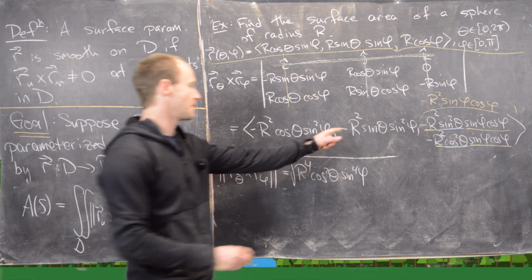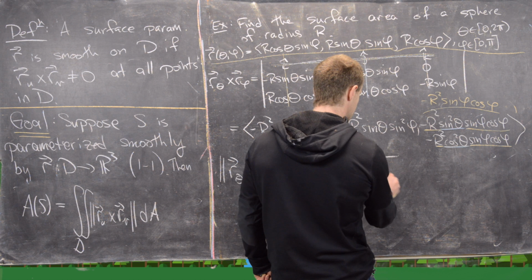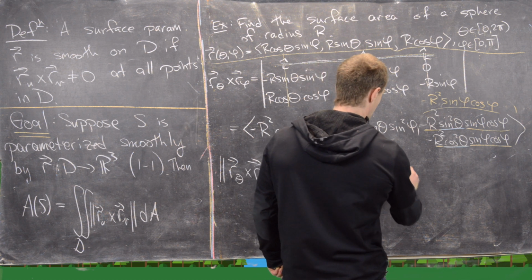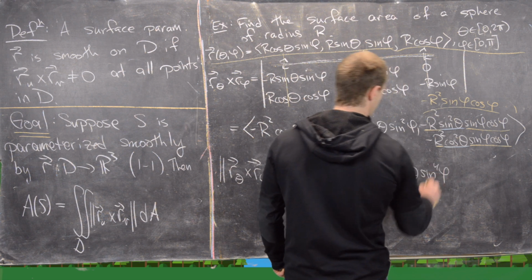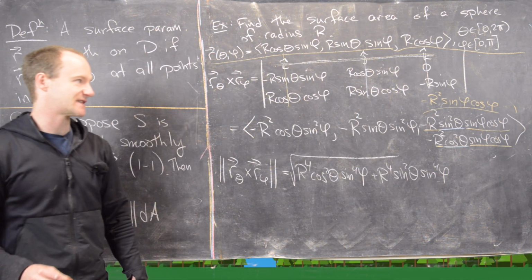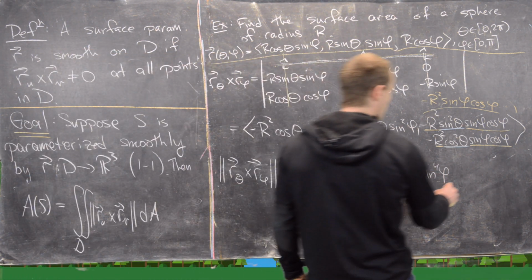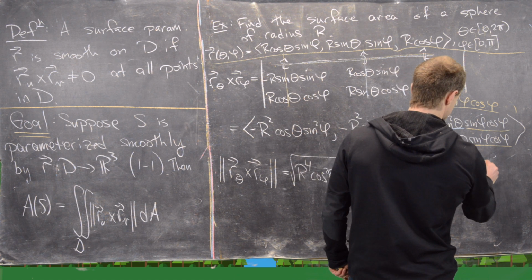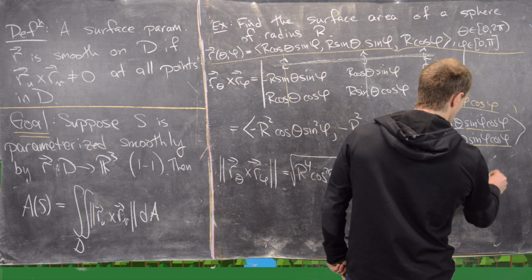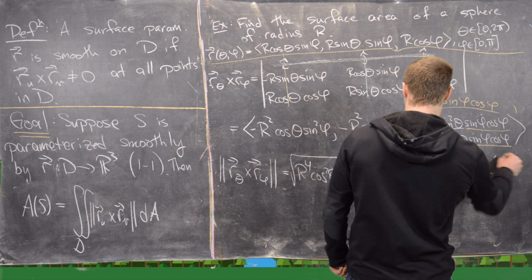And here we have plus r to the fourth sine squared theta sine to the fourth phi for the second one. And then finally plus r to the fourth sine squared phi cosine squared phi.